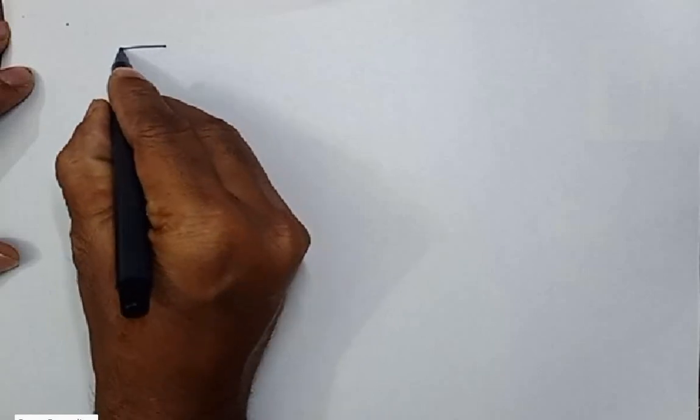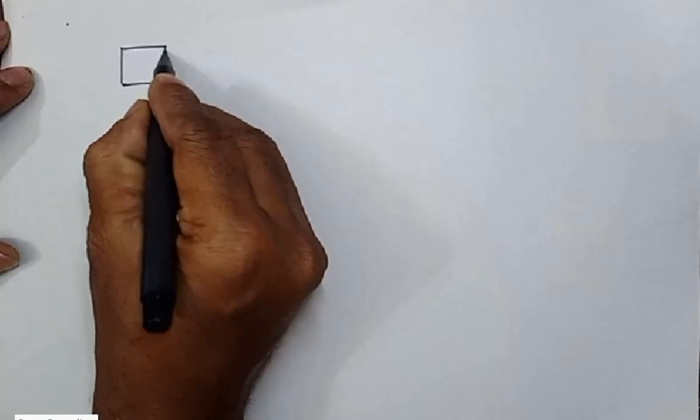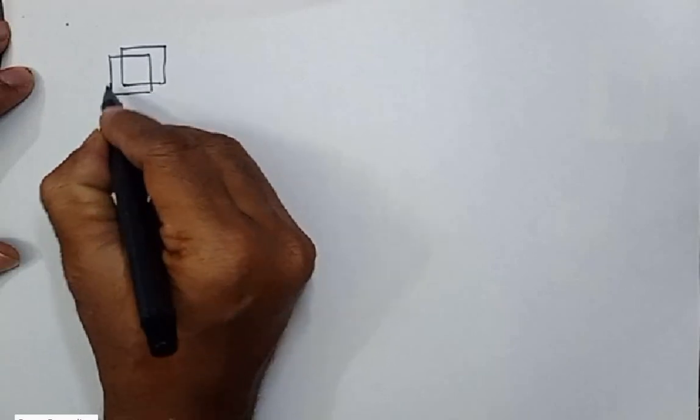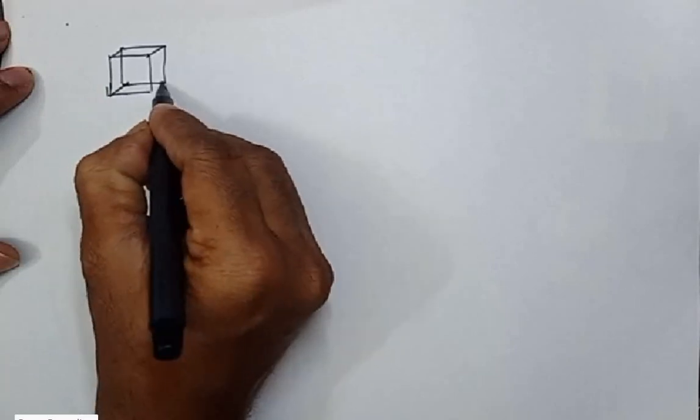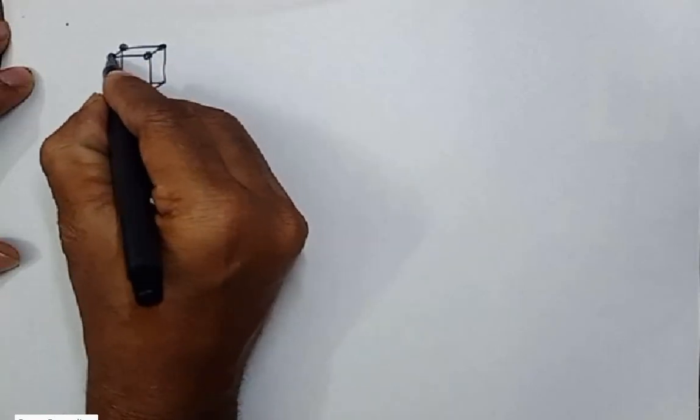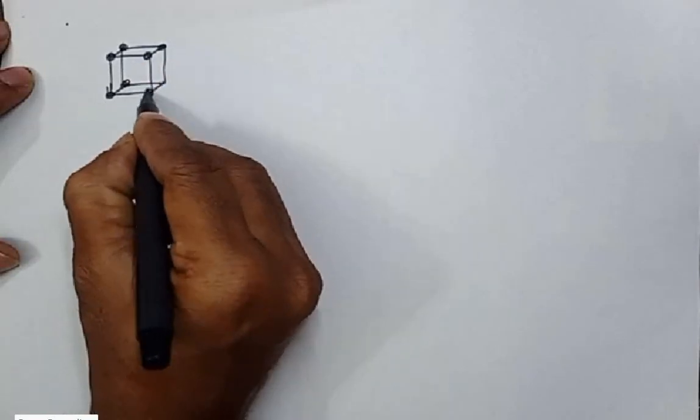I'll just show you some of the primitive unit cells. In the case of cubic unit cell, if the unit cell is cubic in shape, I'm drawing a cube here, and a cube has 8 corners.